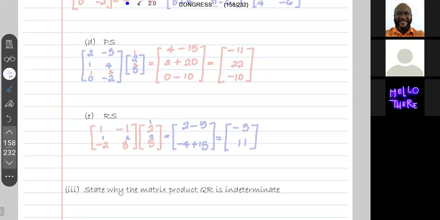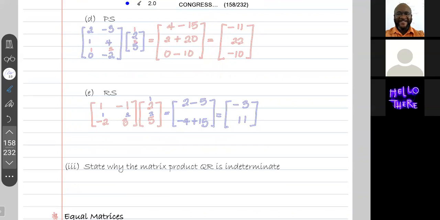Here it is. We're asked to state why the matrix product QR is indeterminate. So in other words, we need to say why we cannot multiply Q by R. So let's test it. Q is a 2 by 3 matrix.